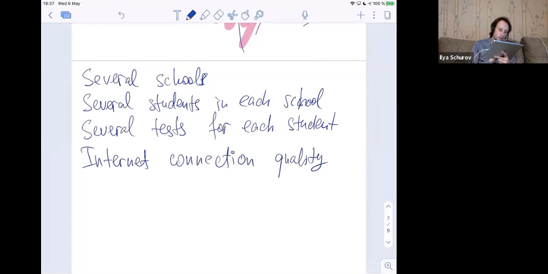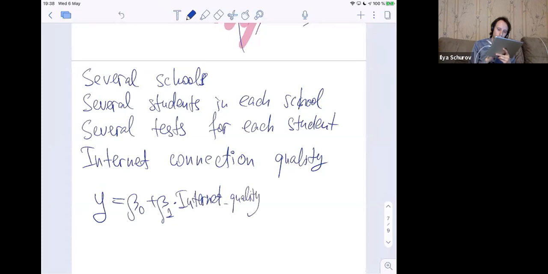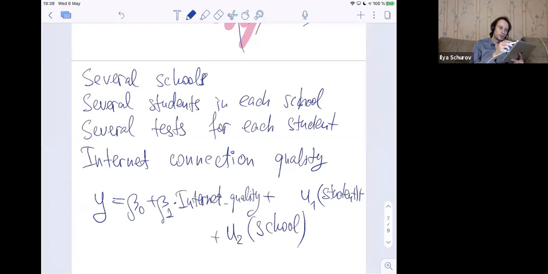Okay, I can consider a model like y equals beta naught plus beta 1 times internet connection quality plus, sorry, not beta 2, but just plus U1 of student plus U2 of school, something like this.